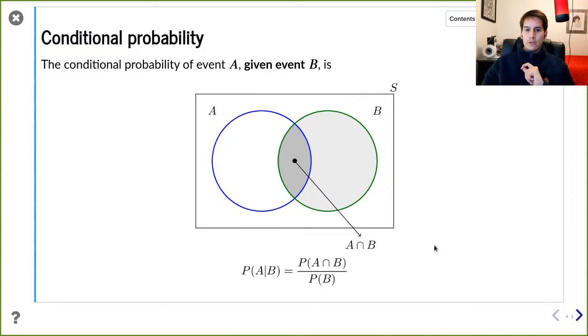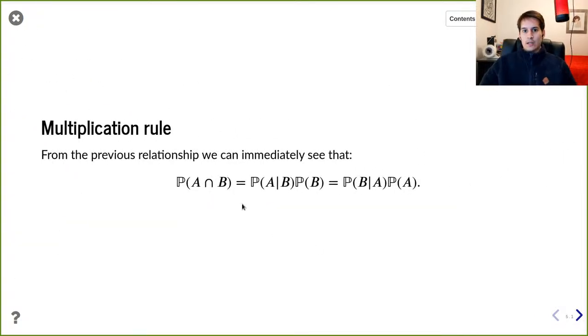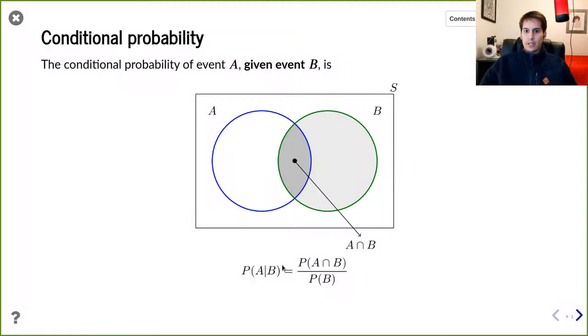Therefore, we can conclude that the probability of A inter B is the probability of A given B times the probability of B, and that is also equal to the probability of B given A times the probability of A. This is because we can use the previous expression with A and B in reverse, and the probability of A inter B and the probability of B inter A are the same, so we obtain this expression.